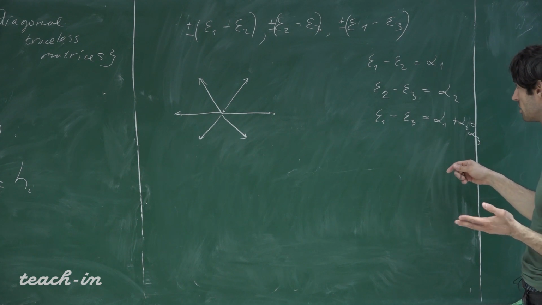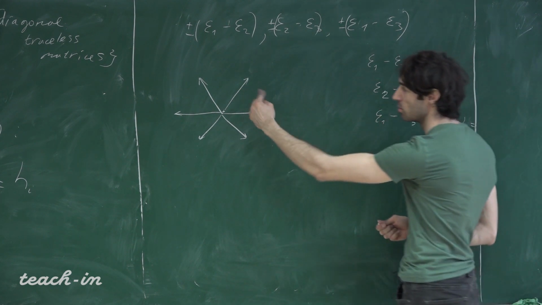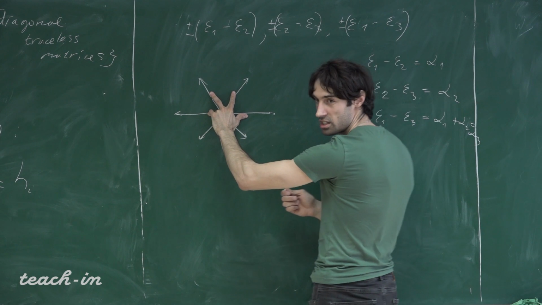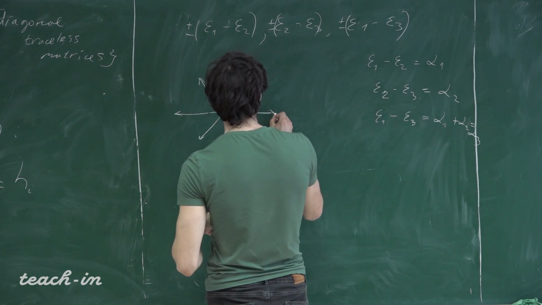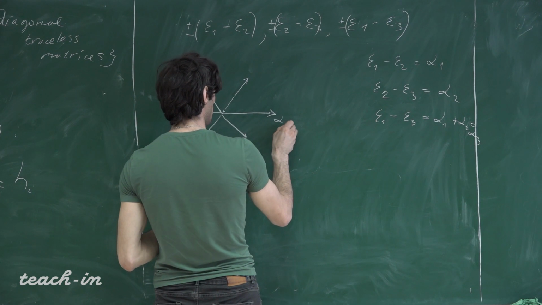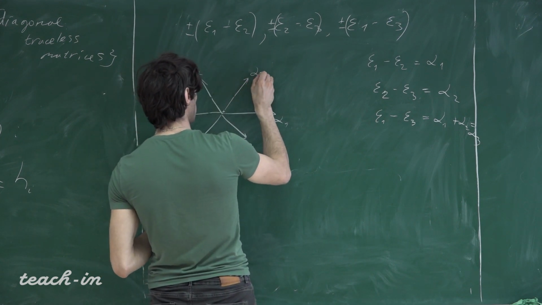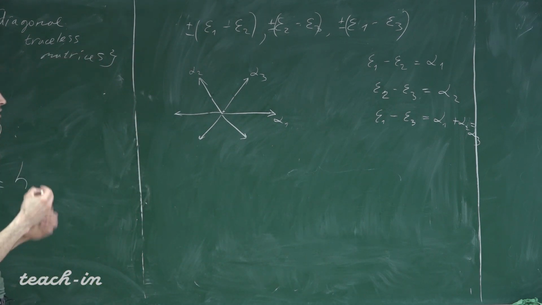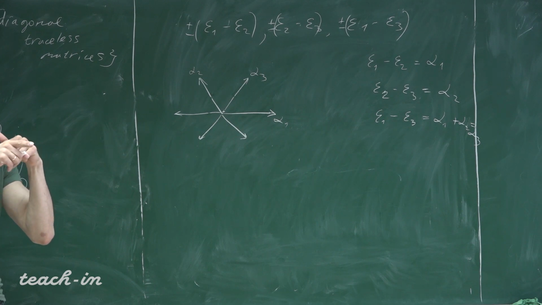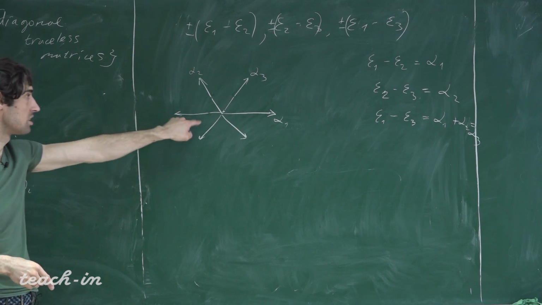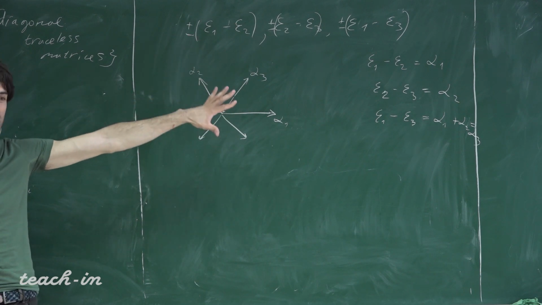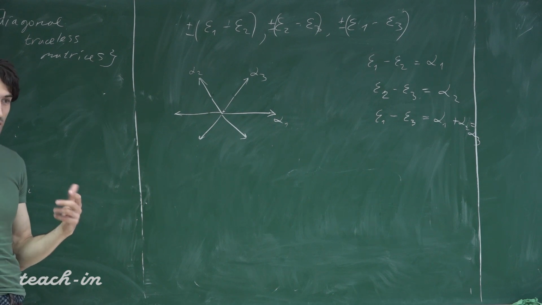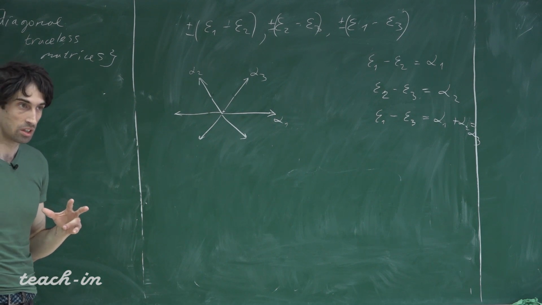Just from this relation, we can take any three vectors that lie in one half plane, but by standard it's these three, and call them alpha 1, alpha 2, and alpha 3. This is already just from linear relations and the number of roots. We already see this picture. We can now go further and check that the root angles are those that we need.